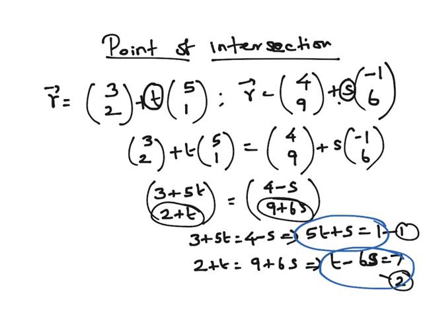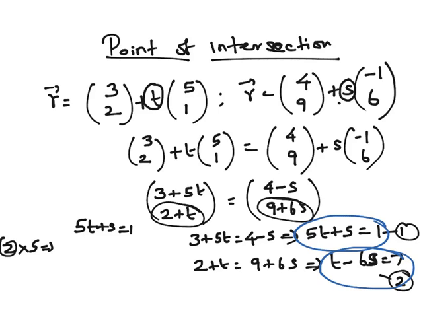So what I'll do is let's say I keep one as it is. That means 5t plus s equal to 1. I'll multiply the second equation by, actually, okay, let me write it here. I'll keep the first one as it is. That means 5t plus s equal to 1. Now I'll multiply the second equation by 5.